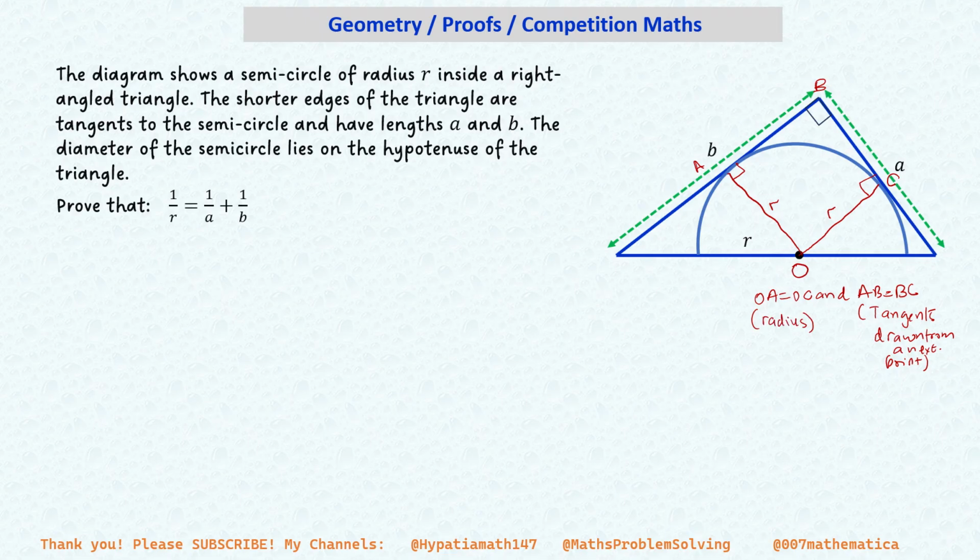Now you see three angles are 90 degrees, so which would mean angle AOB is 90 degrees.